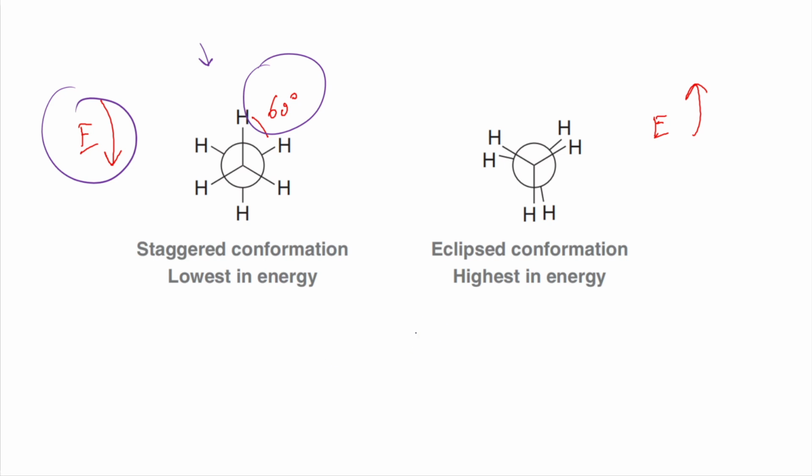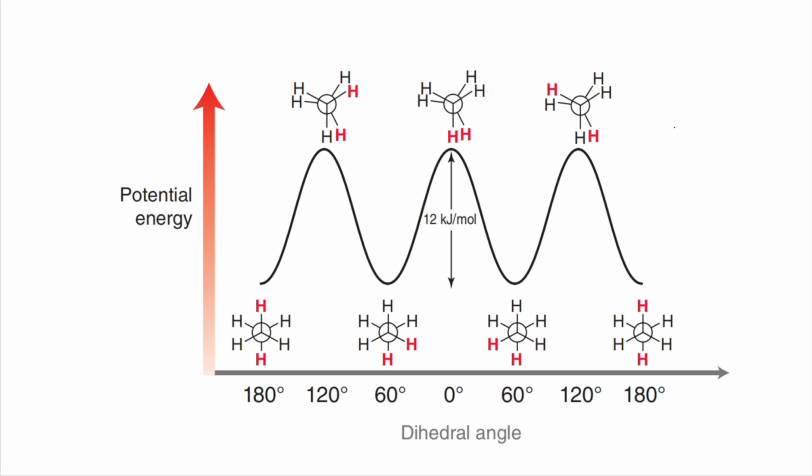For the eclipsed conformation, everything is bumping into each other, so it's not very stable and causes very high energy. So here we have an energy diagram. We can see that all the staggered conformations have a very low energy, but the eclipsed conformation has a high energy.